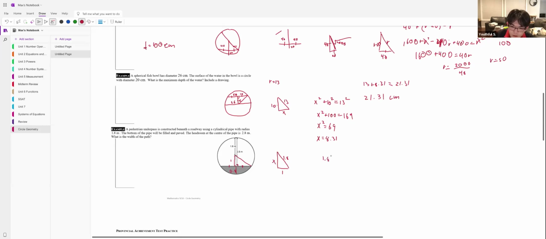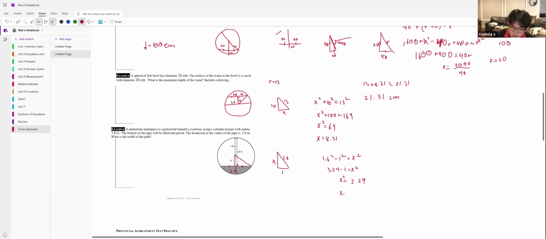So 1.8 squared subtract 1 squared is going to give us x squared. So 1.8 squared is 3.24. So 3.24 subtract 1 is equal to x squared.